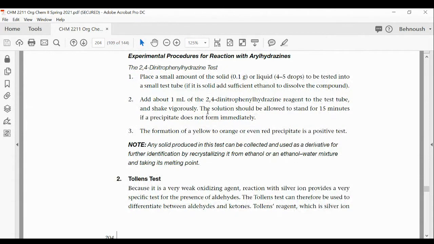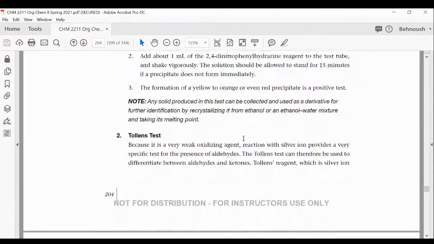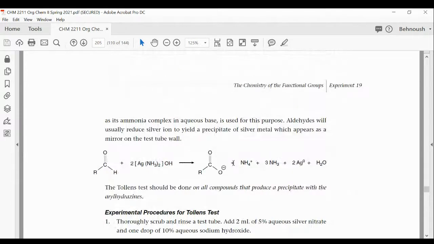When you make sure that it's either an aldehyde or ketone, the next step is, is it an aldehyde or is it a ketone? When you do the Tollens test, if the compound is an aldehyde, because of that hydrogen attached to the carbonyl group, it can be oxidized. When an aldehyde is oxidized, it will be oxidized to a carboxylic acid, which in basic solution would form the carboxylate ion.